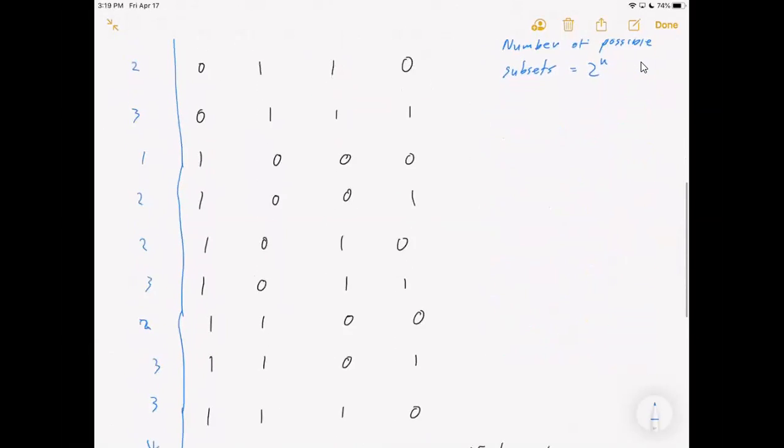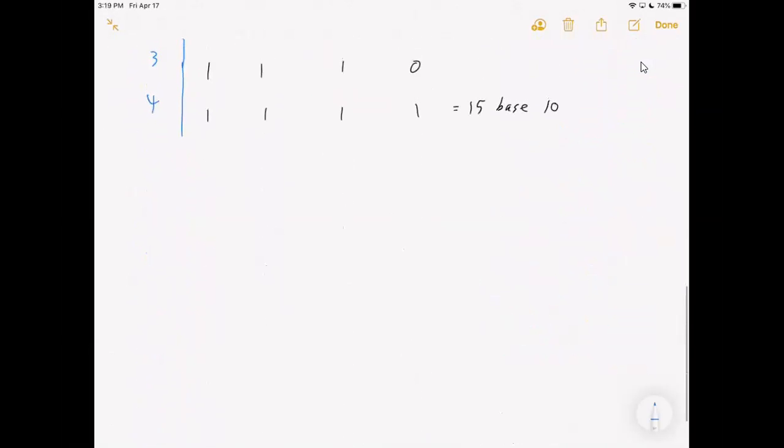Let's consider an entire deck of cards, all right? So if we had 52 cards, the number of subsets would be extraordinarily high.